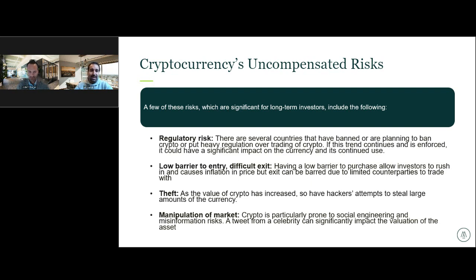And then lastly, and more importantly, is the manipulation of the market. Celebrities will tweet something, and then it'll drive up the price of crypto. I think the latest case was with Kim Kardashian and the SEC coming down on her for illegally manipulating the market or something along those lines.